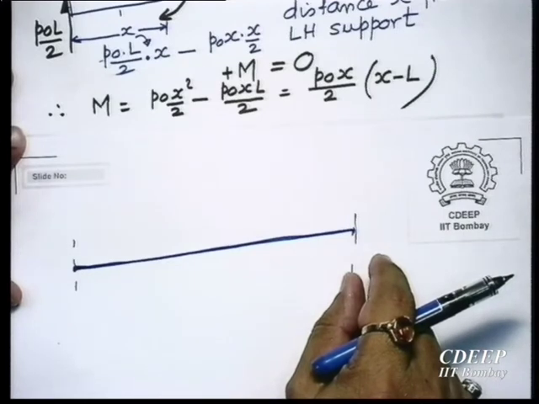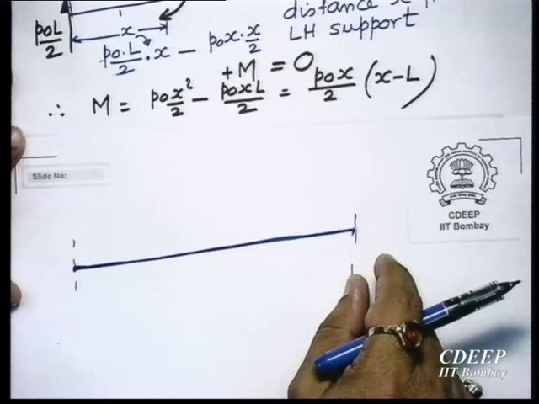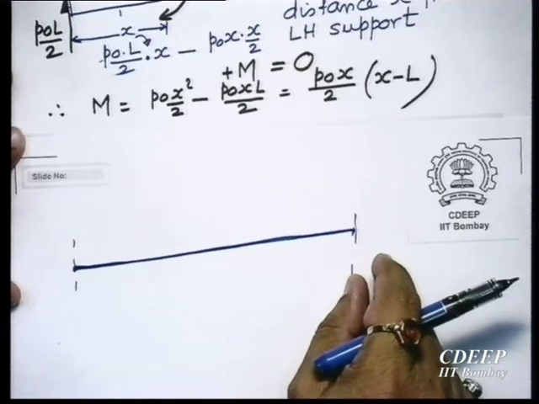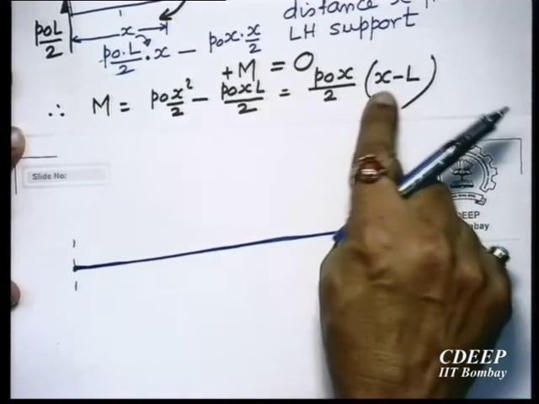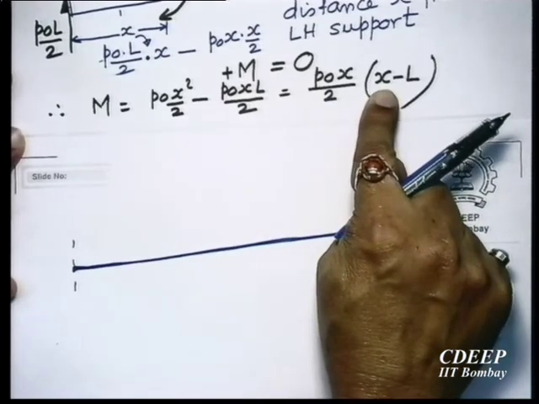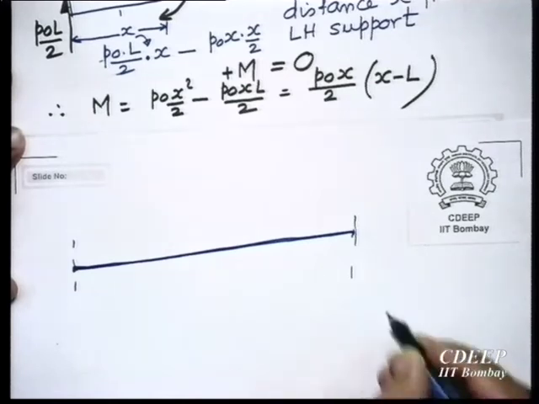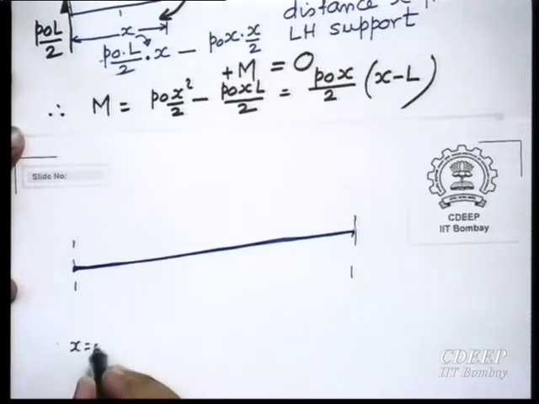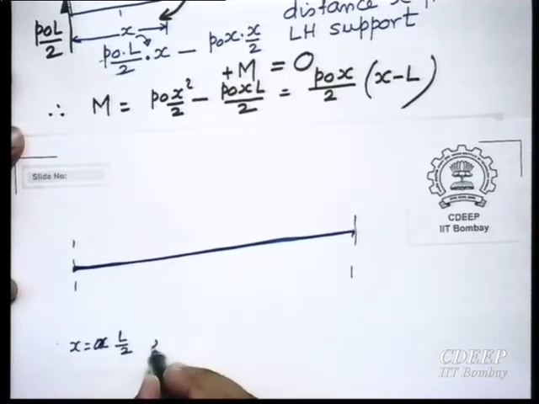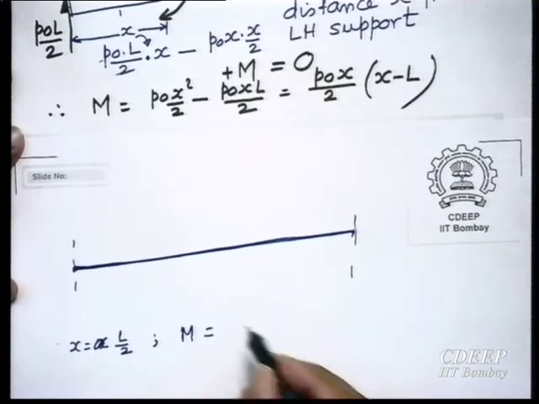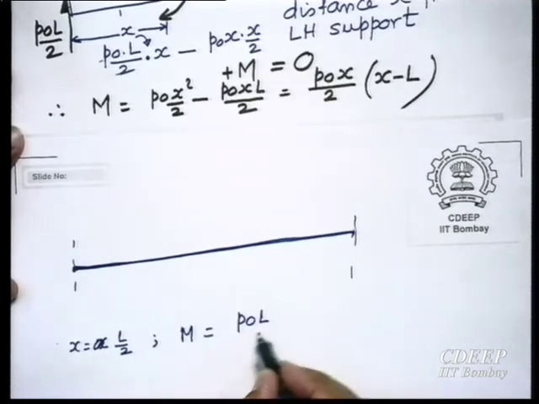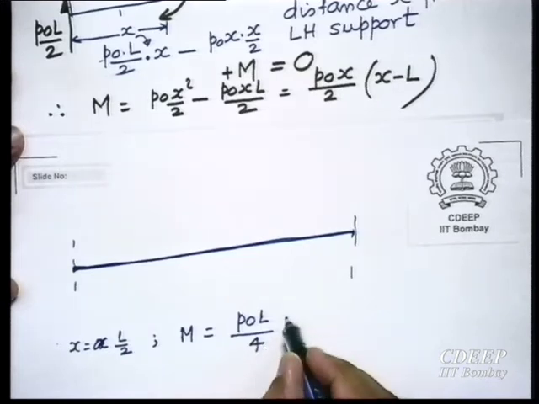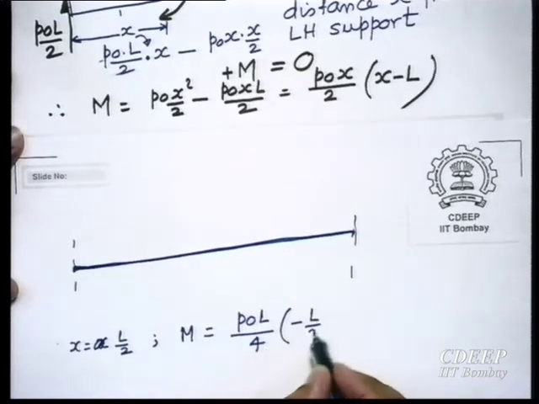So it is negative, bending moment is negative. You will see, when x equal to, let us say, L by 2, m equal to P naught L by 4 into minus L by 2.